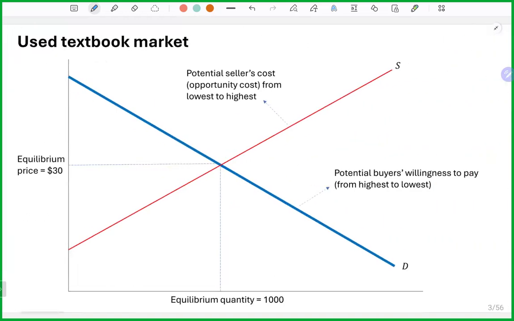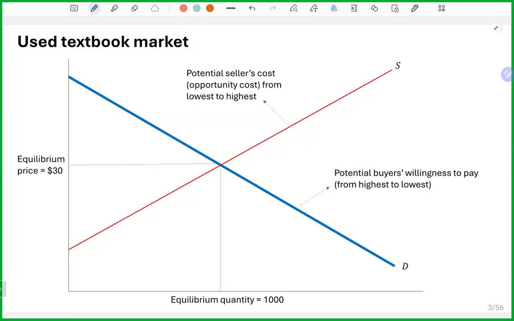Look at this one here. So the first step to understand efficiency and why markets are efficient is to understand the meaning of the demand curve. The demand curve slopes downward.